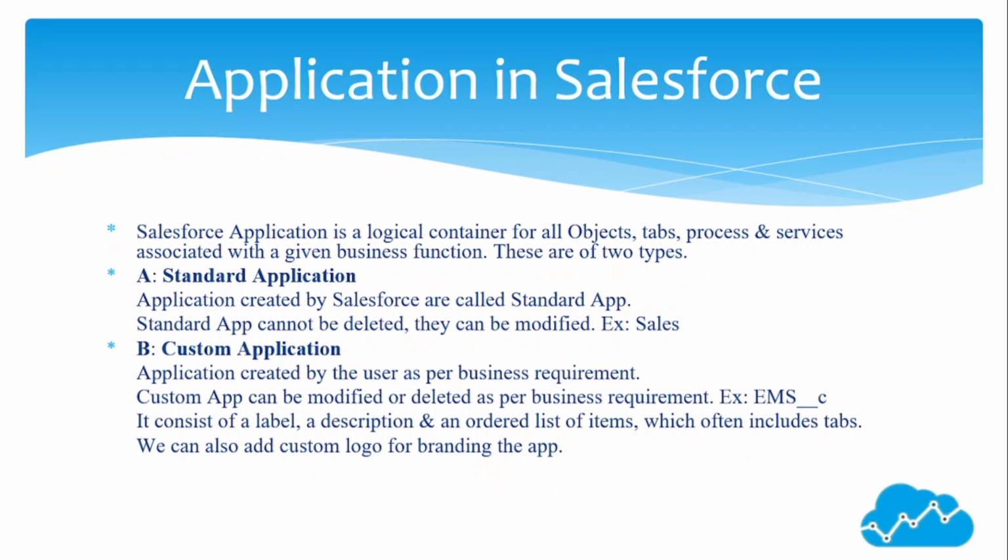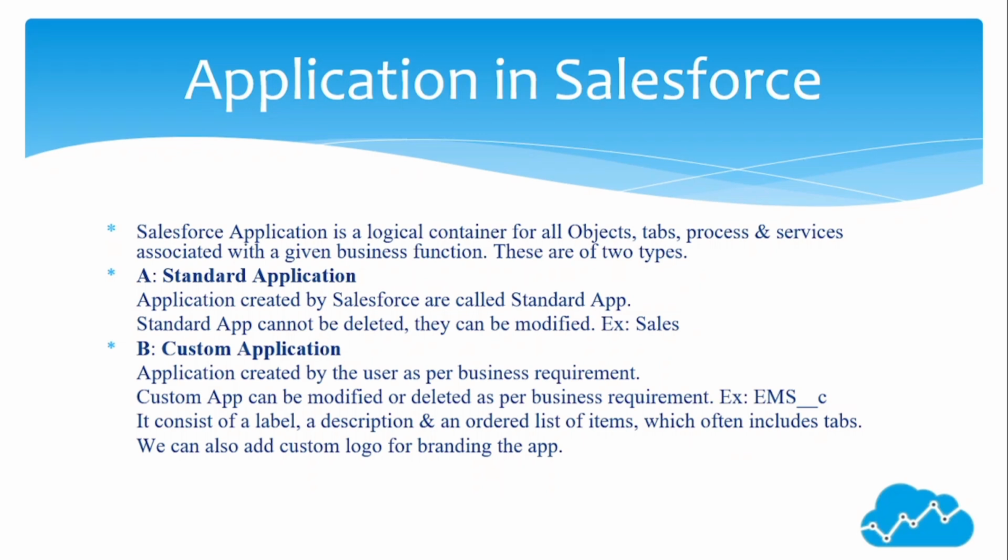For example, employee management system underscore underscore c. What is this? This is the difference between a standard application and a custom application. If it is a custom application, it is denoted by or appended with underscore underscore c.